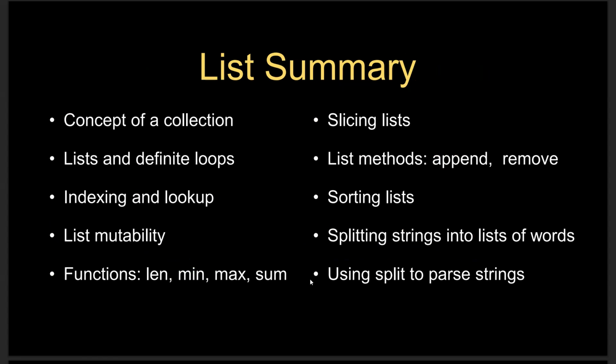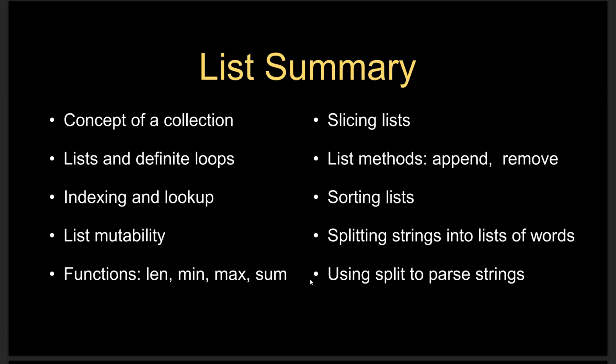Now we will see the summary of the list. What are the things that we discussed? First we discussed the concept of collection. Next we discussed lists and defined a list. Next we discussed indexing and lookup. Next we saw list mutability, how we are able to change things in the list. Next we used built-in functions like length, min, max and sum.